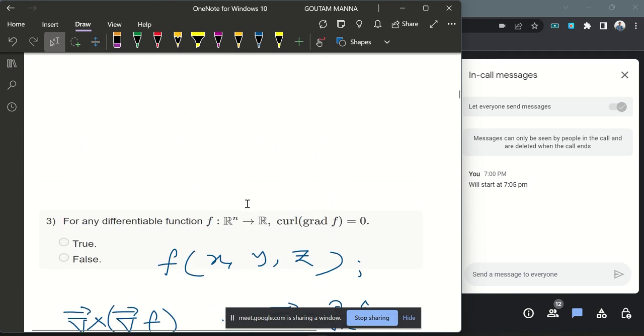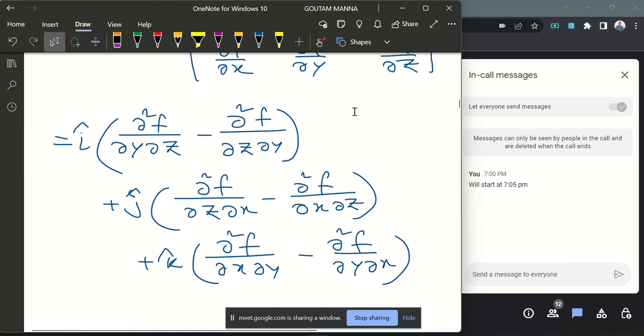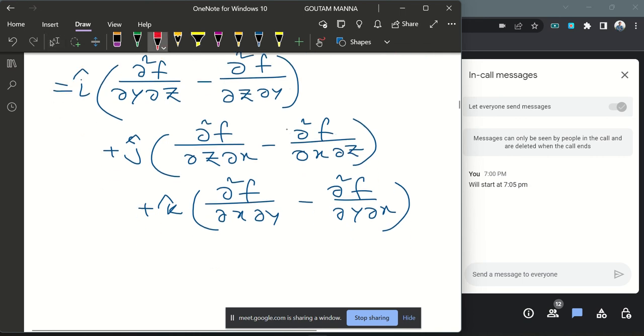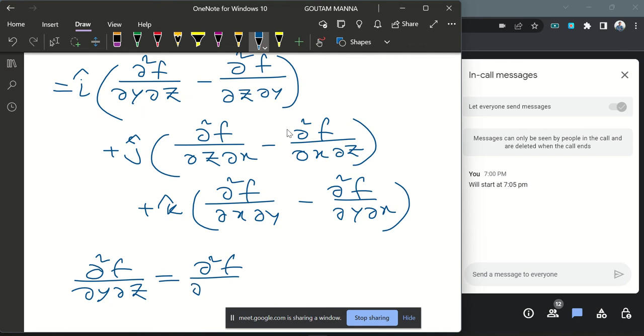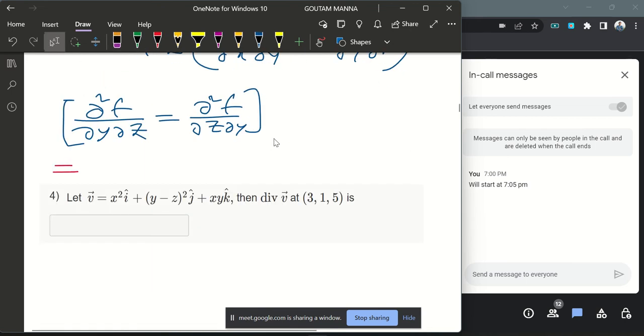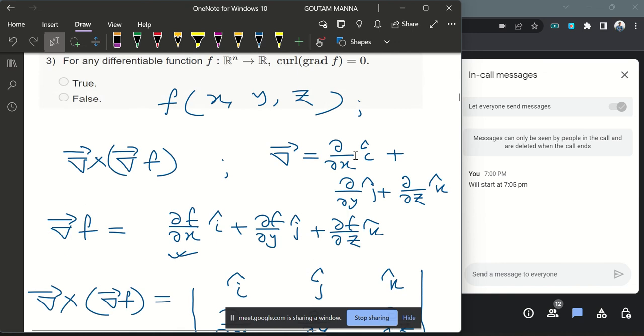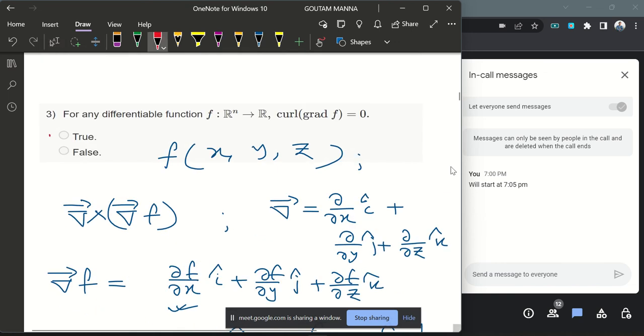Now if it is a differentiable function, these partial derivatives are commutative, that means del 2f del y del z equals del 2f del z del y, and because of that this term will be 0, this term will be 0, this term will be 0. So basically what you are getting is a null vector. So the statement is true, curl of grad of f is 0.